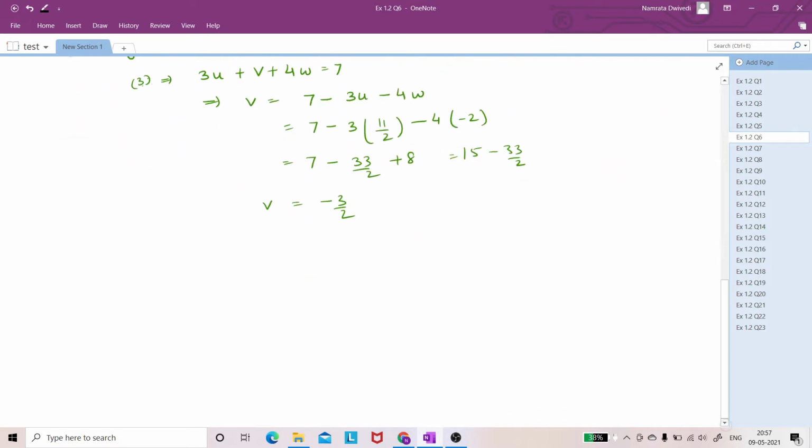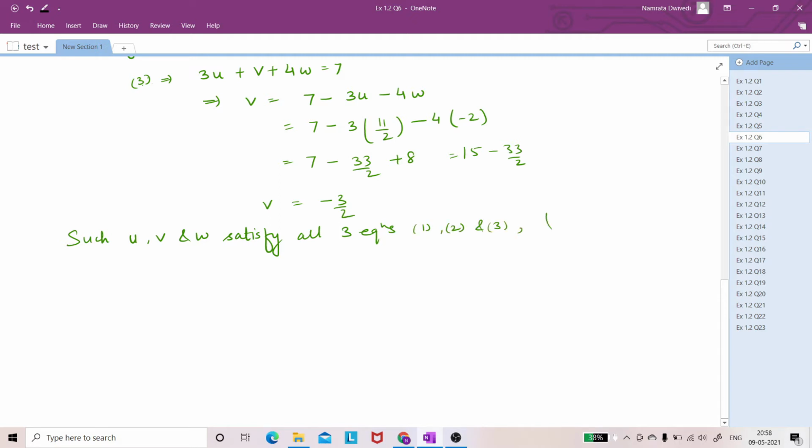Hence such u, v and w satisfy all three equations 1, 2 and 3.